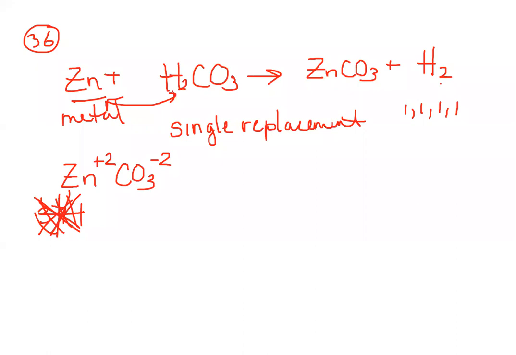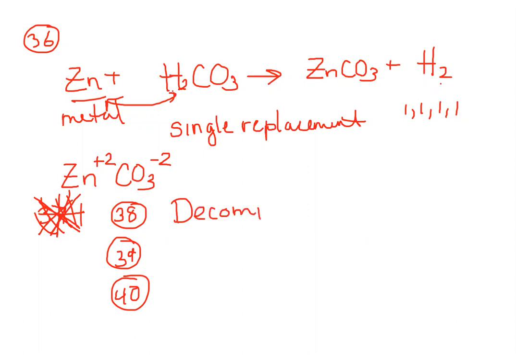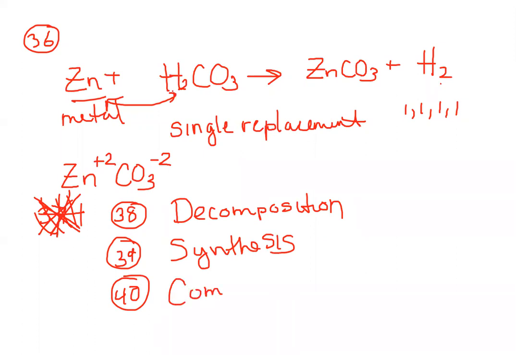Now we're going to just look at 38, 39, and 40 and decide what kind of equations these are. 38 is going to be decomposition. 39 is going to be synthesis. And 40 is going to be combustion.